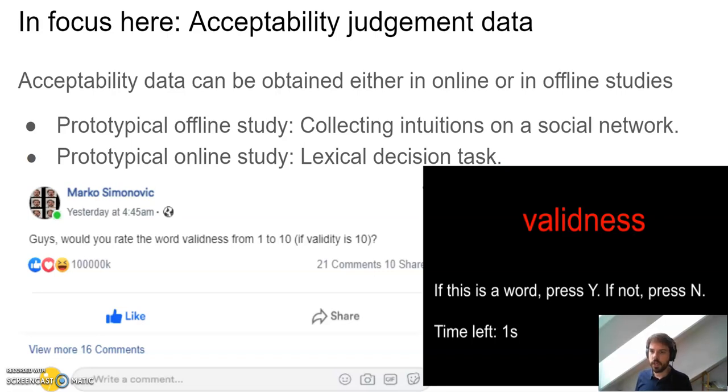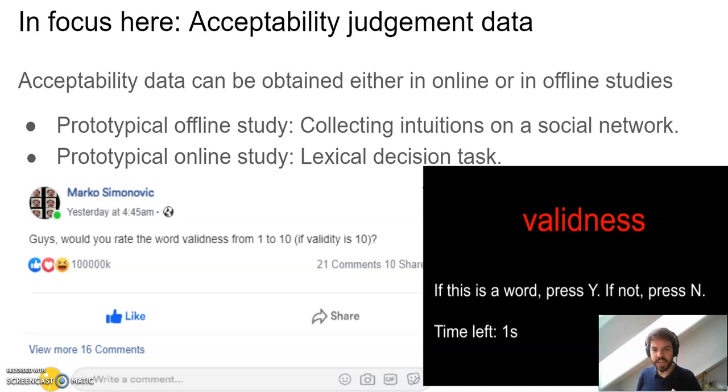So just to be sure, they can be either online or offline. You can imagine, for instance, an offline study which can totally take place on the internet, where you ask people on a social network. So this is a fake post that I produced.